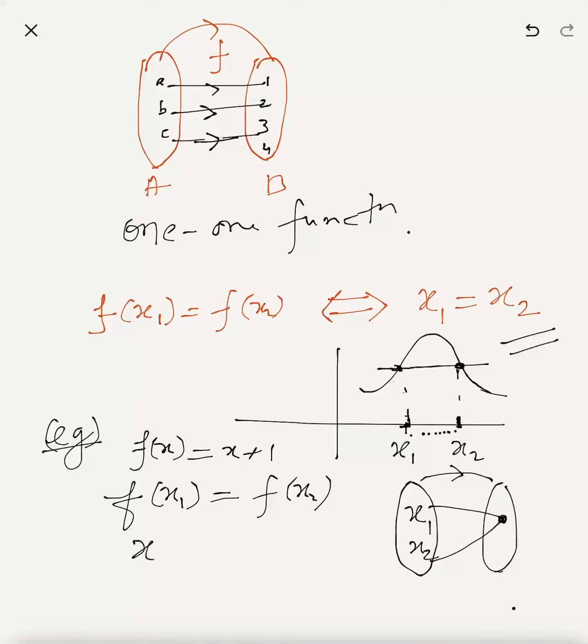It is x1 plus 1 equals x2 plus 1. The 1 gets cancelled out. x1 is equal to x2, isn't it? You got x1 equals x2. So this is a one-one function. The function given, f of x equals x plus 1, is a one-one function.